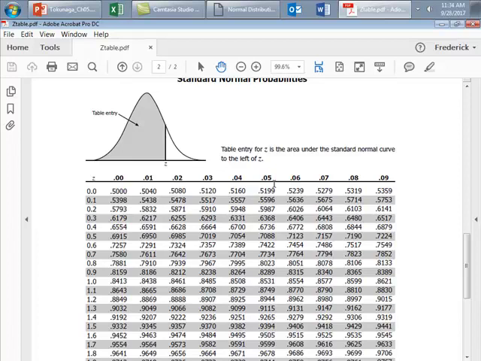Some strange German professor might teach all of his kids to make it greater than z. I don't care. We do less than z here. We always go backwards. So the first thing you need to do is make sure you've got a chart that meets what you've been taught. I'm sorry, I always use this one. I'll explain that in a minute.